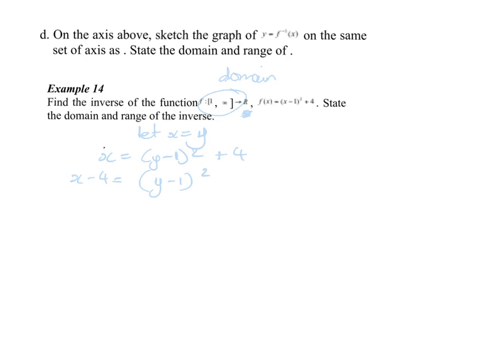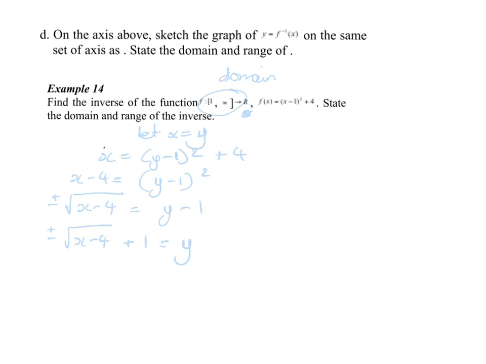And obviously we need to bring across the square, and the opposite of that is square root. And when we take the square root of something, it's going to be plus or minus (y minus 1). Next thing to go across is the minus 1. So we have plus or minus the square root of x minus 4, bring the 1 across, is equal to y.